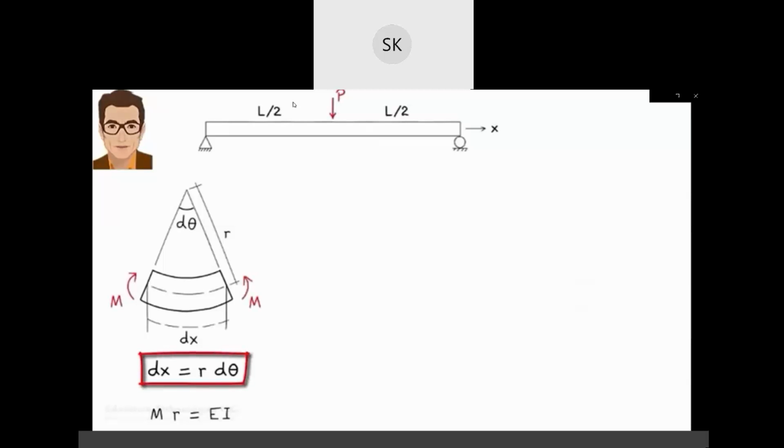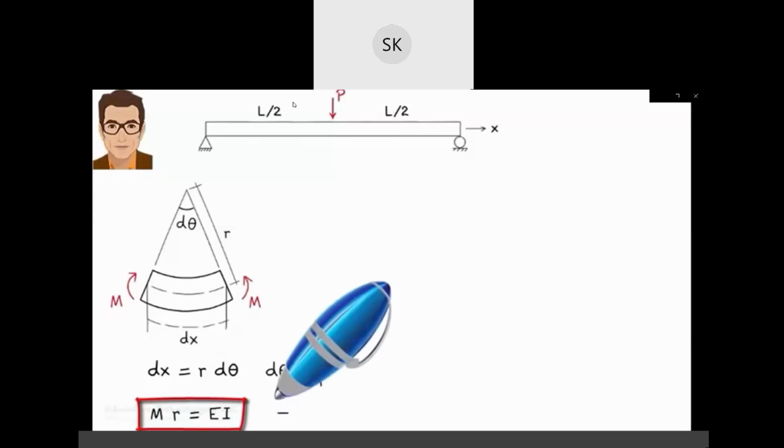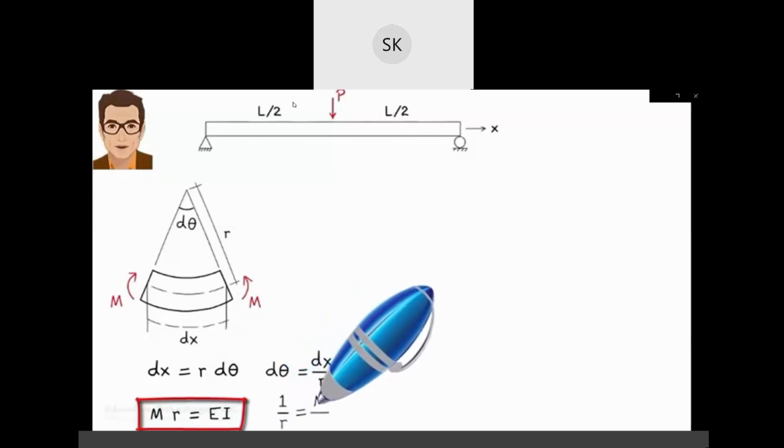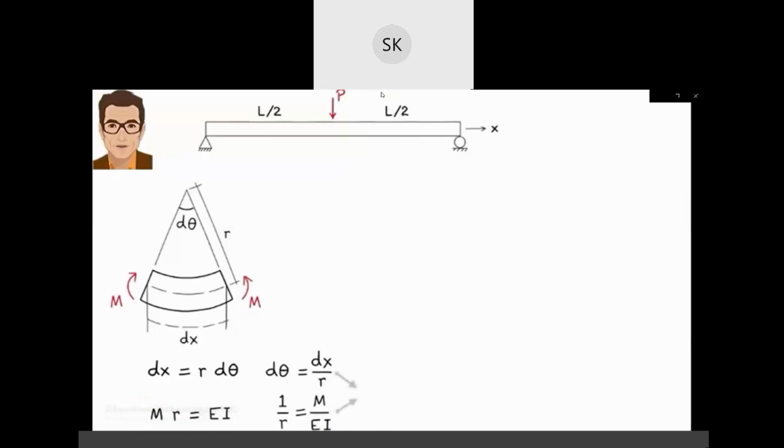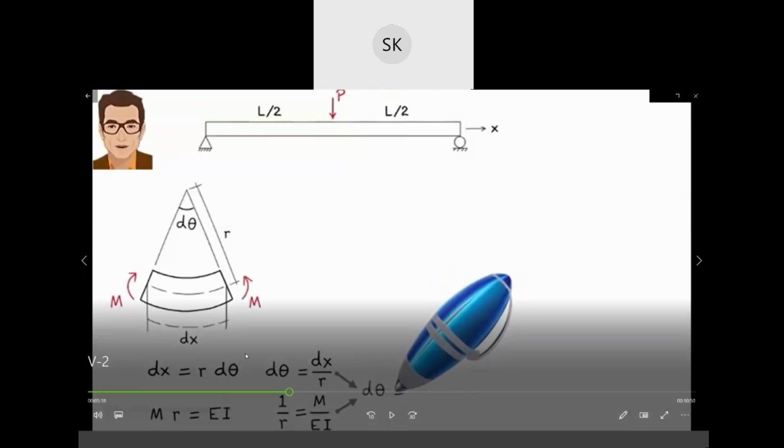Since dx equals r d theta, we can write d theta equals dx over r. And since m times r equals EI, we can write 1 over r equals M over EI. Basically, this is from pure bending.